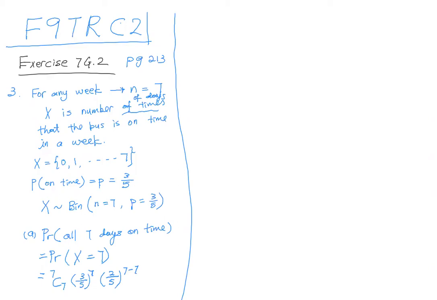If you want to use your GC, please take out your GC. Go to second VARS. Select A, that is binomPDF.